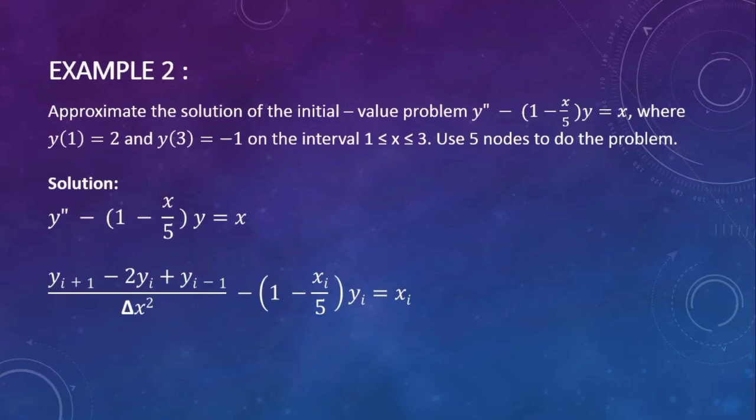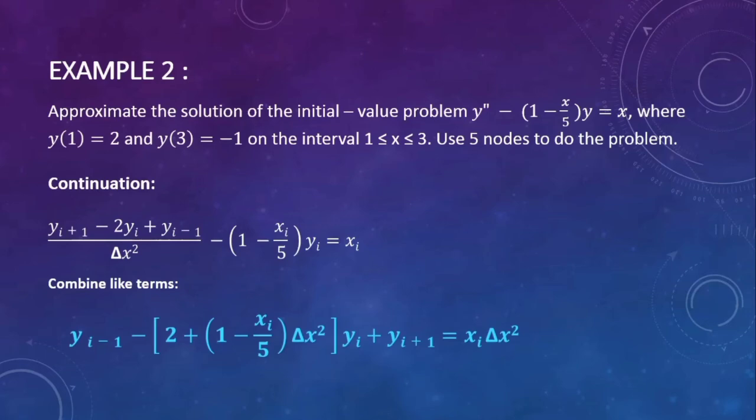So we substitute the equivalent of y second derivative. So we have y sub I plus 1 minus 2y sub I plus y sub I minus 1 over delta x squared minus 1 minus x sub I over 5 times y sub I is equals to x sub I. So the next thing that we will do is combine like terms.